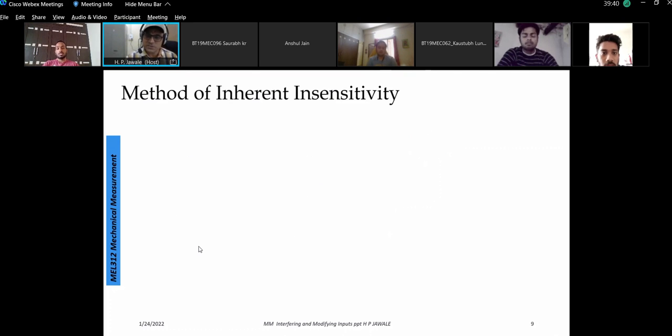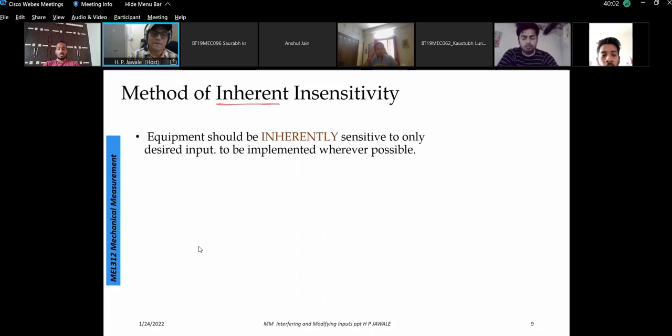So into the inherent sensitivity, the word itself suggests something we must use as an inherent component of the measurement system so that it is going to be insensitive to the modifying input as well as the interfering inputs.